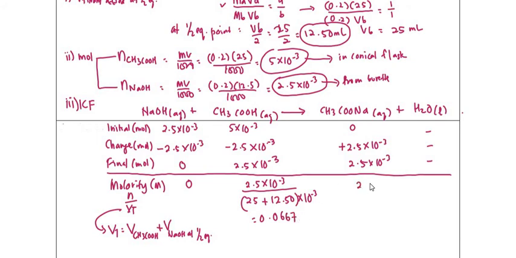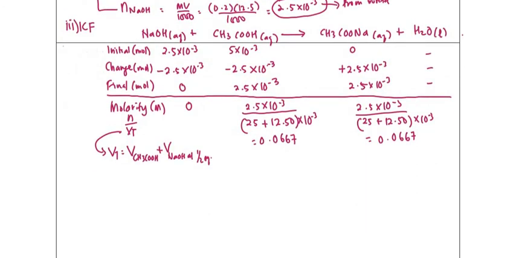How about this? 2.5 exponent negative 3 over volume acetic acid plus volume at half equivalent, convert into liter, and you get 0.0667. Okay.